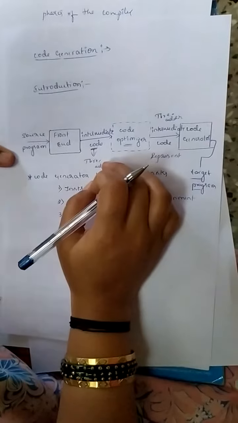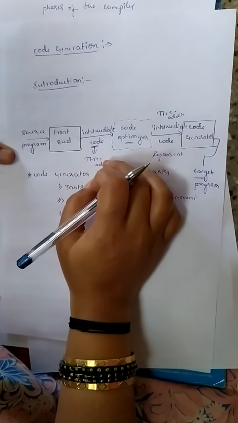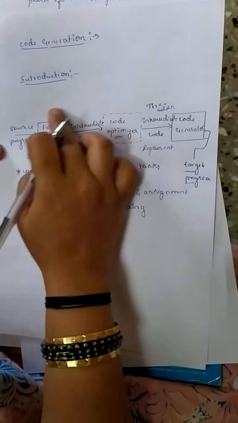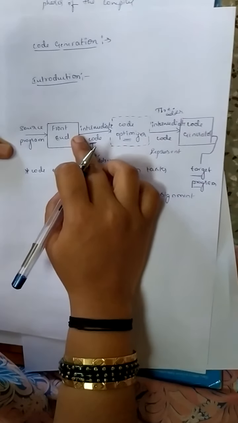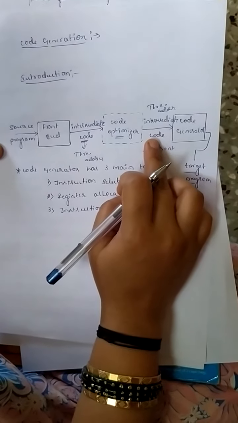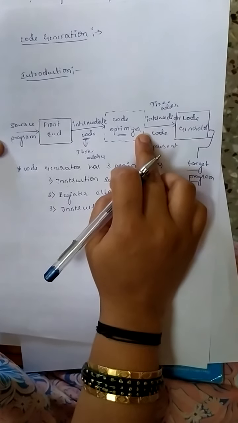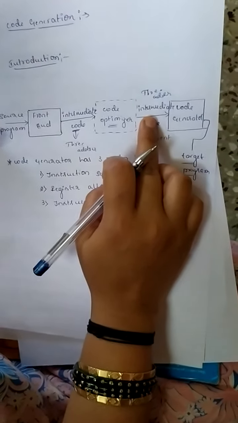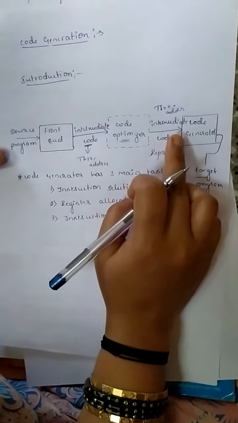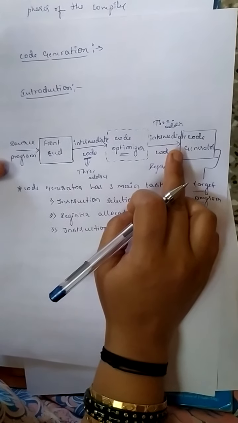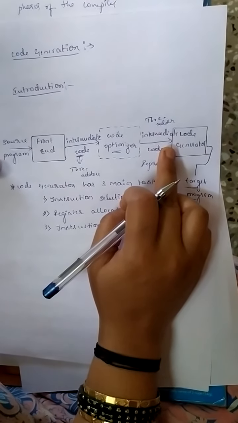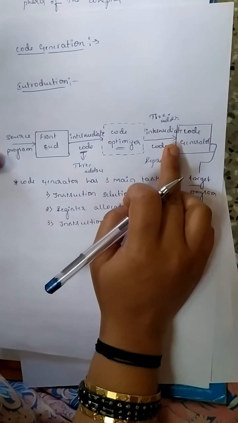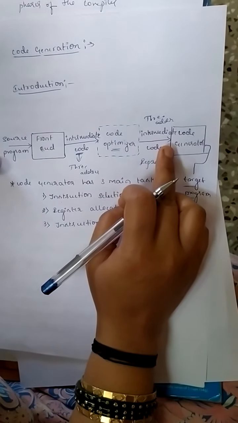The second point you can take is that the code optimizer accepts the intermediate code representation which is generated from the front end of the compiler and produces another intermediate code representation which is optimized. Keep it in mind, this is the optimized intermediate code representation. The code generator takes the intermediate representation produced by the code optimizer along with the supplementary information in the symbol table of the source program and produces as output an equivalent target program.